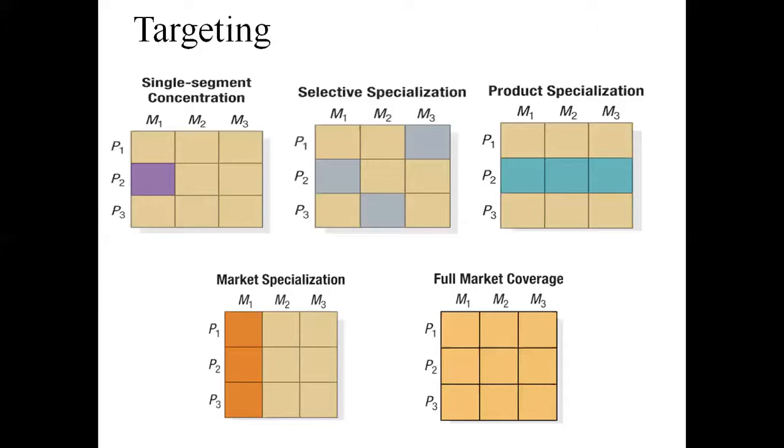It is selective specialization. Here your business focuses on a number of segments in the market, and those segments are not necessarily similar. There is not necessarily any relationship between the segments. However, each segment has a high degree of value for your business objective and resources.